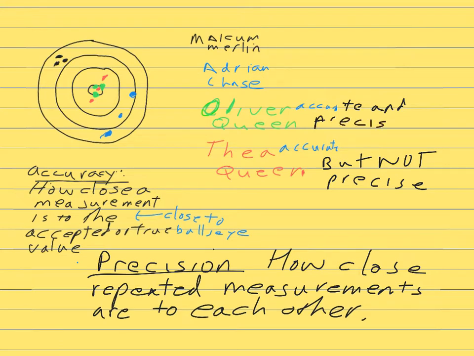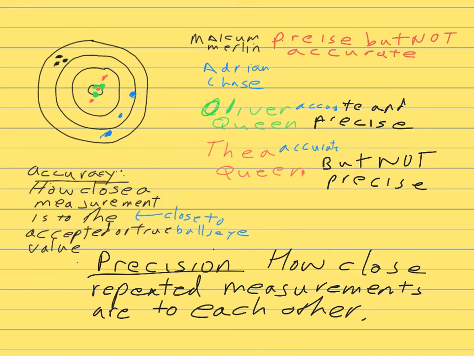If we look at our other 2 archers, Malcolm Merlin and Adrian Chase, Malcolm Merlin here, the 3 black dots, all of his dots are close together. That means he's precise, but his 3 dots aren't anywhere near that bullseye. So he is precise, but not accurate. Then we have Adrian Chase over here.